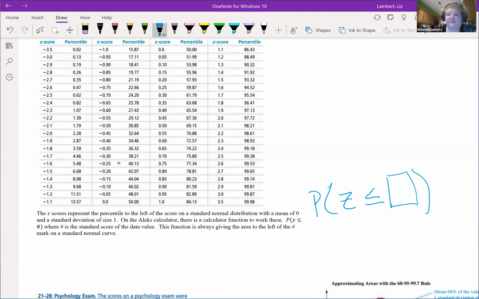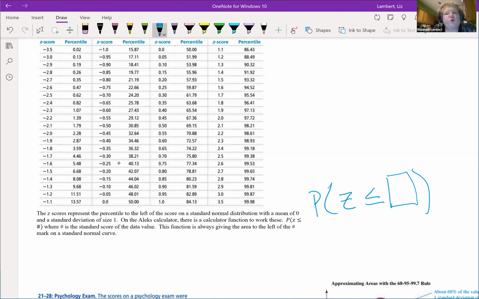So if I figure out what the standard score, the Z number, is for whatever value I'm investigating in the set, I can use this function, and it's on a lot of scientific calculators, to tell me that percentile rank. So if I put in Z less than or equal to -1, it would give me right here 15.87, although it would probably have more decimals because the calculator has more accuracy.